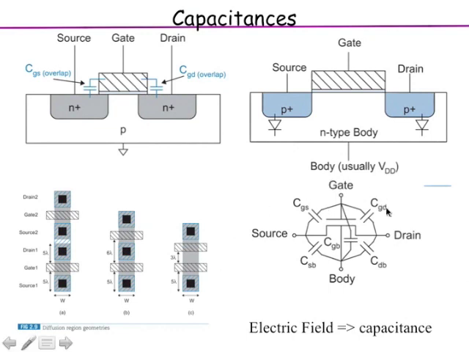So this is the model of the transistor. You have this transistor and then you have a capacitance between every pair of nodes. There are 4 nodes, and between every pair of nodes there is a capacitor: CGS, CGD, CDB, the drain to bulk, and source to bulk.